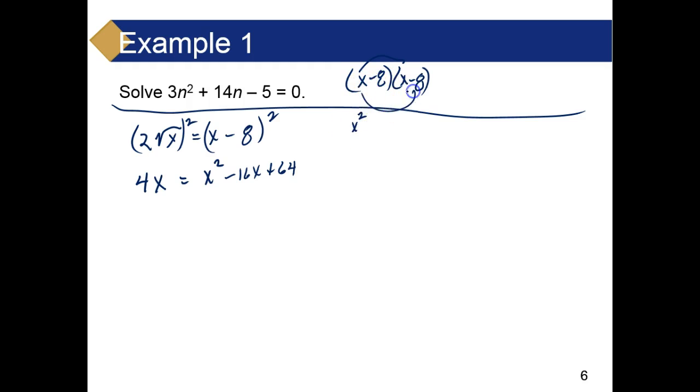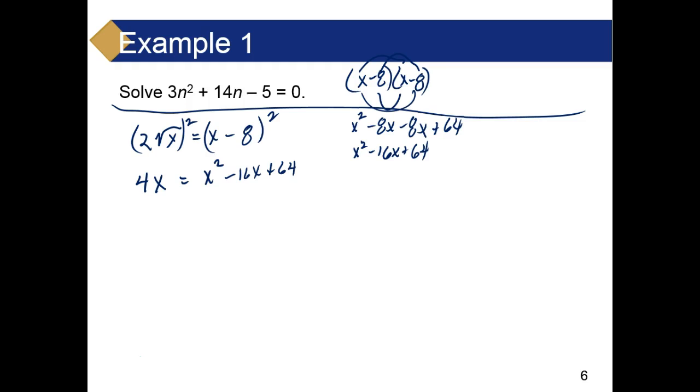Then the outer would be minus 8x. Inner would be minus 8x. And the last would be plus 64. And you see, the first squared, the last squared, and twice the product of the 2, x squared minus 16x plus 64. So if you don't want to remember the little shortcut rule, follow it. You can always do that.